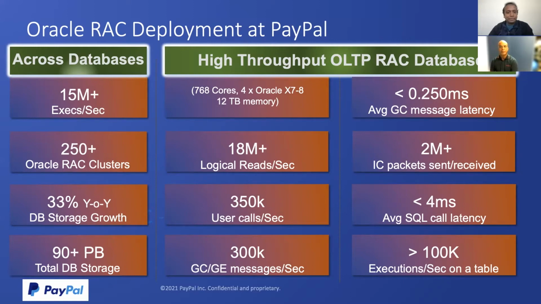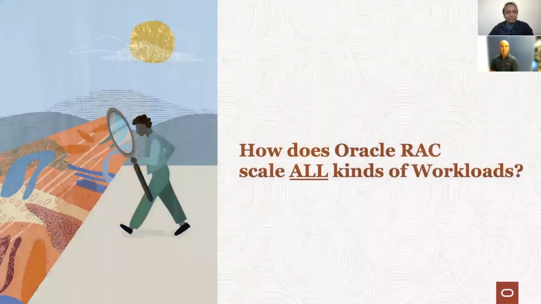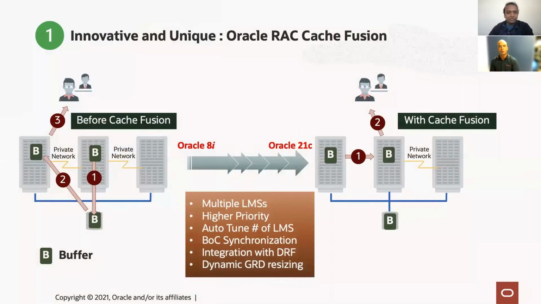Great. Thank you, Pramod. So let's get to how Oracle Real Application Clusters scales all these different kinds of workloads. There are many reasons, but we'll focus on two specific ones. One is our differentiator, what we call the very unique and innovative Oracle Real Application Clusters Cache Fusion. On the left-hand side, you can see that before Cache Fusion, if different instances needed access to the same block, it had to be read from disk.